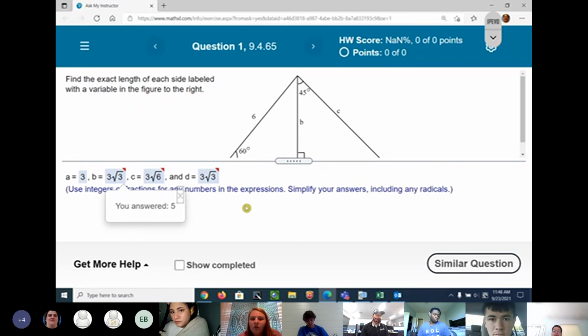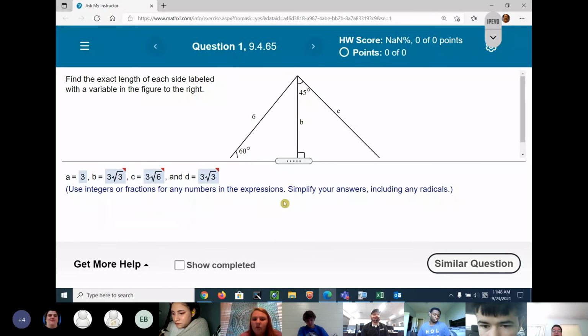I mean, if you want to get technical, is there anything in these directions that tells you all the answers have to be in radicals? No, because it says including any radicals. Now, if it said, please write your answers in terms of exact answer or radicals, then that tells you exact means radicals. This is an open-ended question.